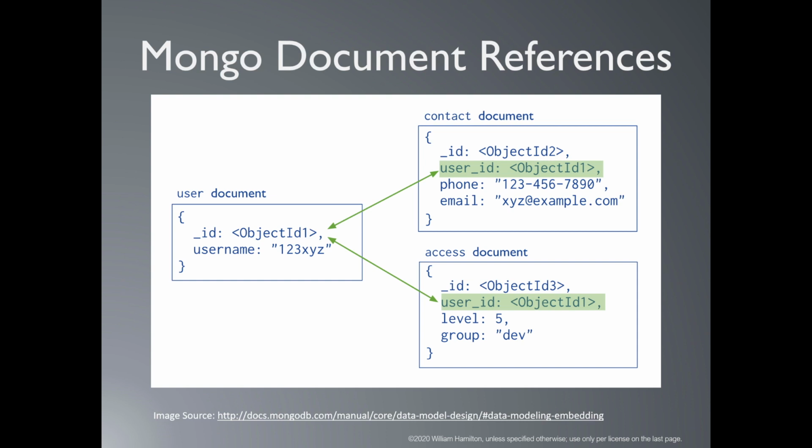And Mongo does have calls and tools, and the package I'm getting ready to show you has tools for populating those. So you can make a query that will automatically populate this with the actual object, so you don't have to make another query, and it'll make those joins and help you instantiate those relational structures.